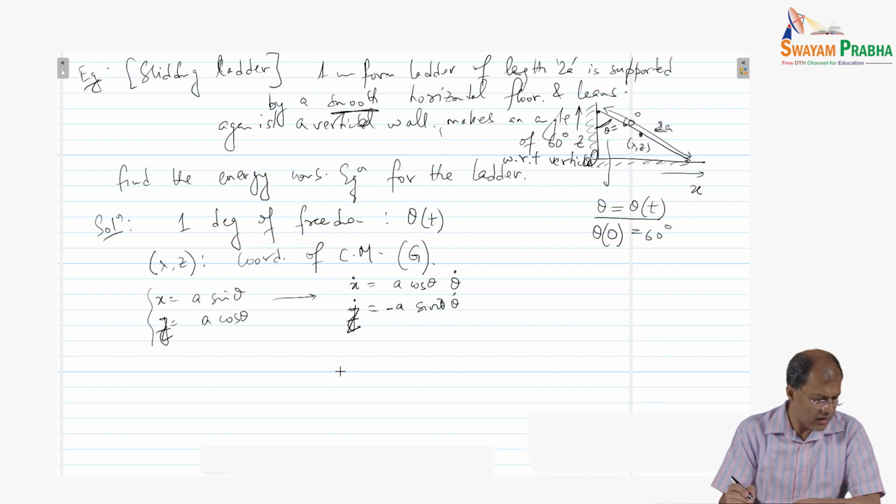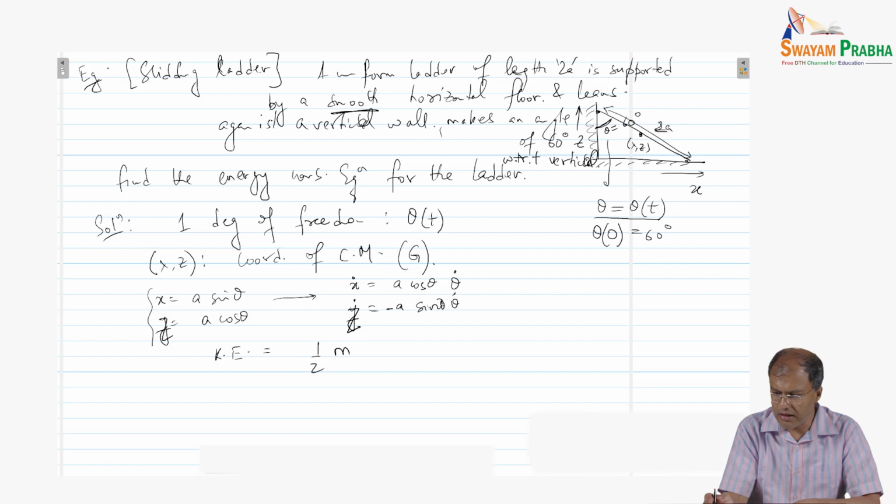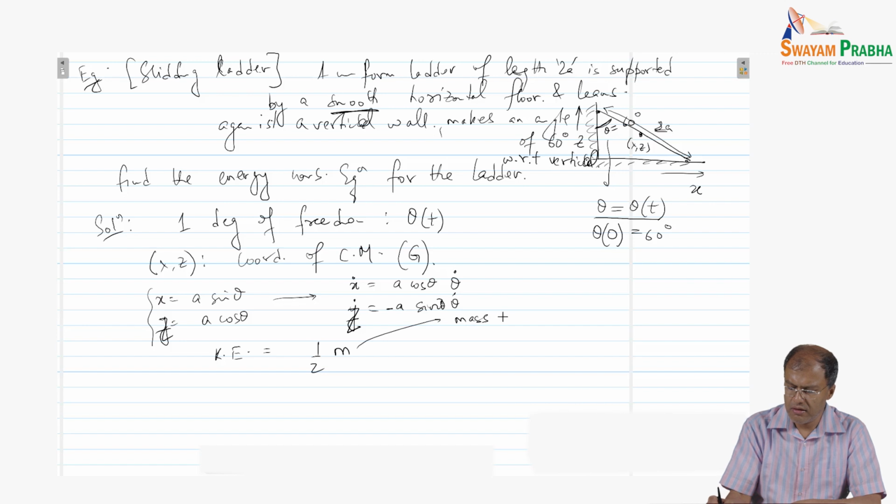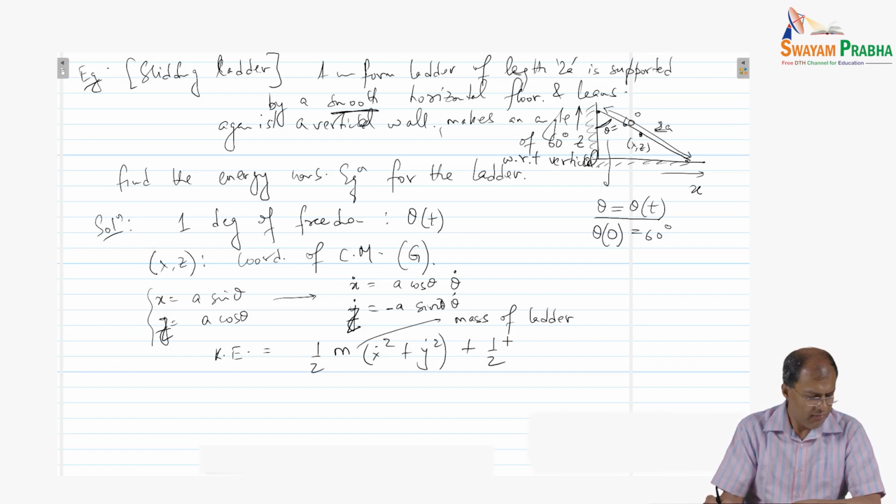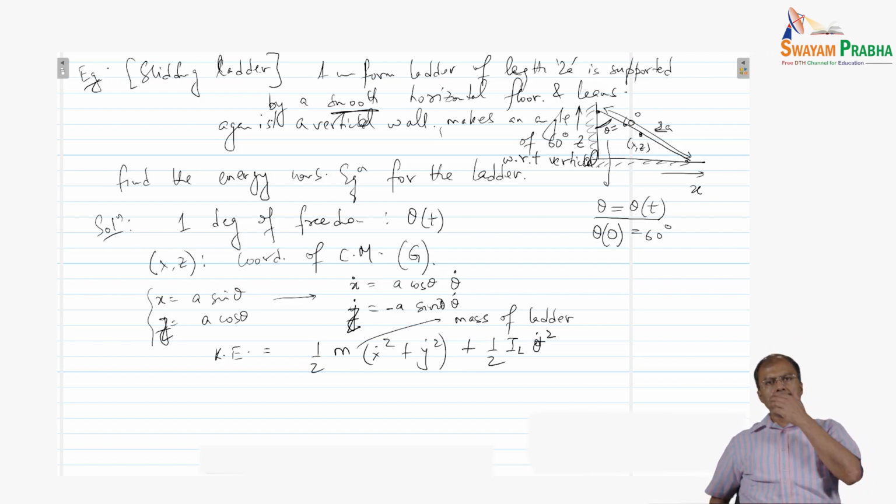Okay, and now we can write down at least the total kinetic energy of the system. So we have the kinetic energy of the system is half m, m being the mass of the ladder, times x dot square plus z dot square, plus half I_L theta dot square, right?